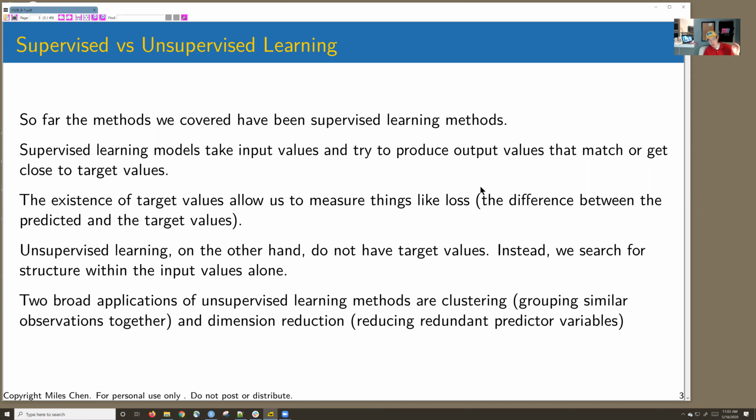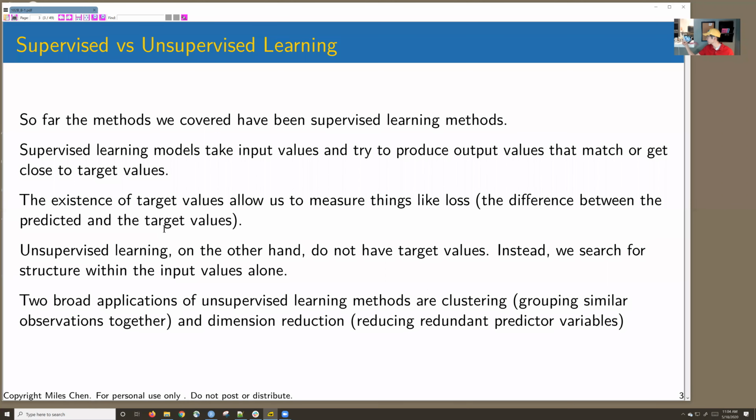Everything we've done, whether it be linear regression, the neural network, or the classification stuff, you have the input values and then you have your output values. And we have a way to measure the difference between the predicted value and the target value.